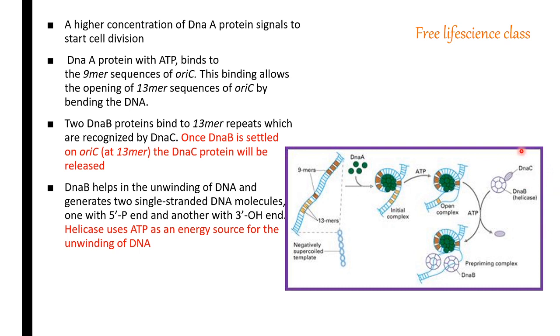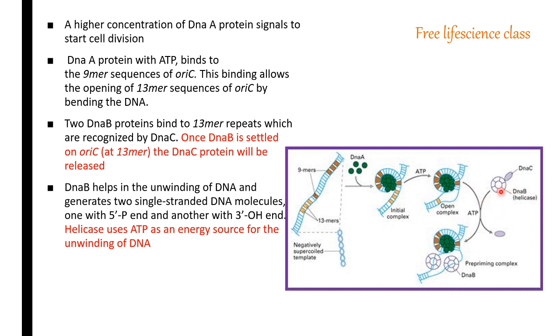So DnaC recruits DnaB to the site of the open complex, and DnaC will be released. Again ATP is needed. When DnaA protein binds to the 9-mer region, we need ATP. The second one is when DnaC recruits DnaB to the region, again ATP is needed. So 2 ATP molecules are consumed in these two steps.